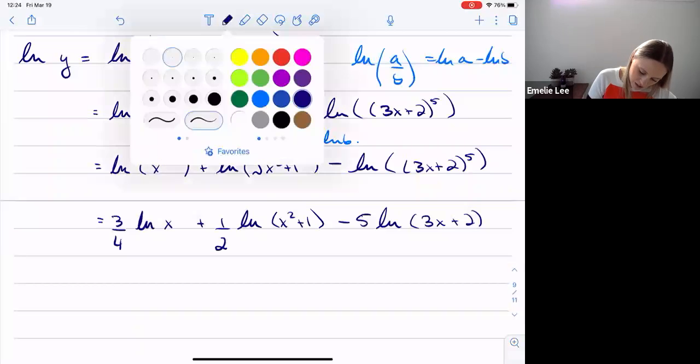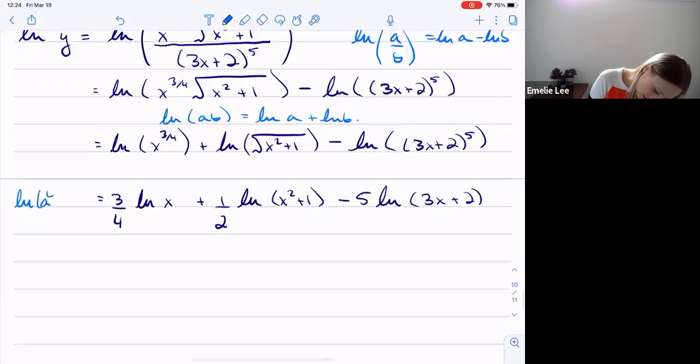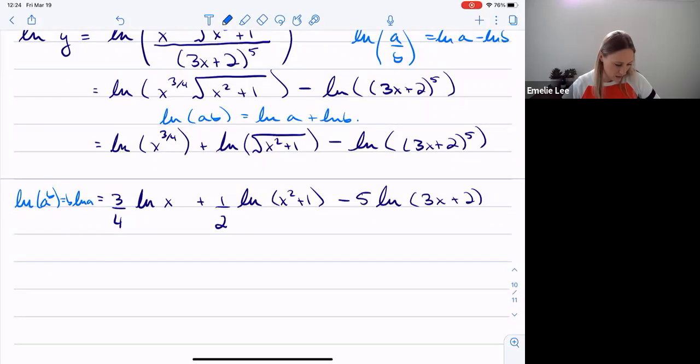Right, and this is because the log of a to the b is b times log a. Right, and that's how we bring those powers down. This is shaping up.